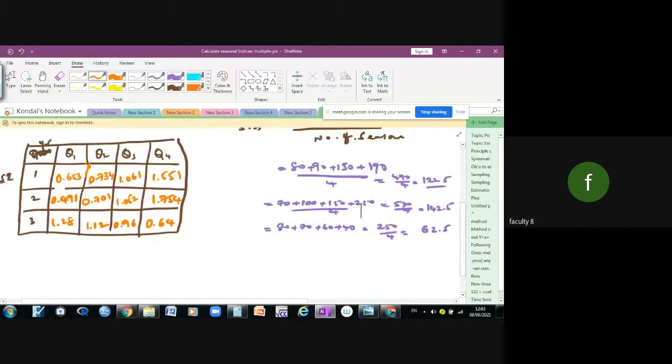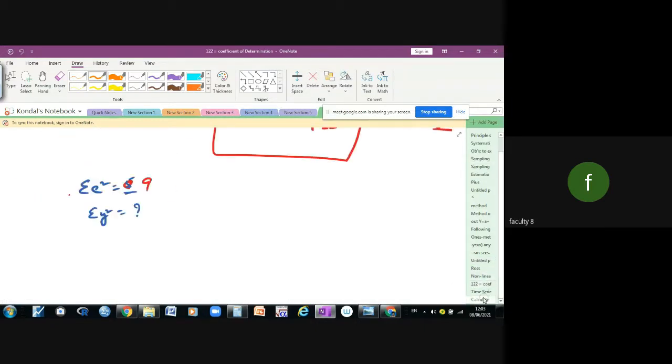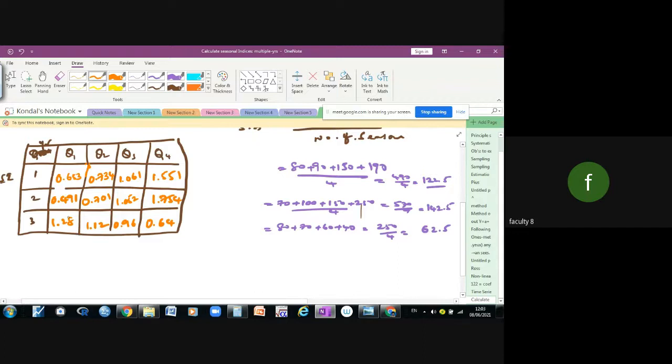We need to calculate the averages of the 3 years; those are called seasonal indices. Here we need to calculate the average.